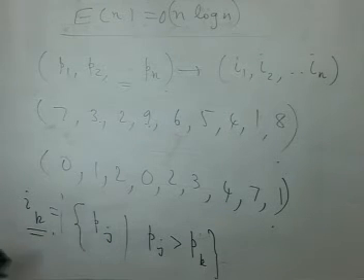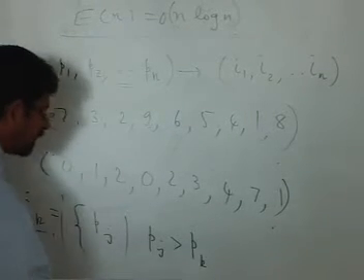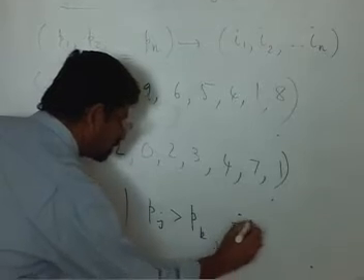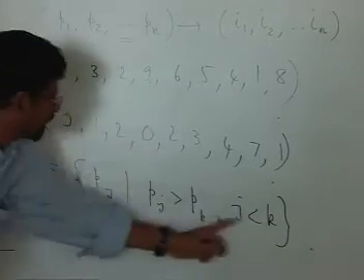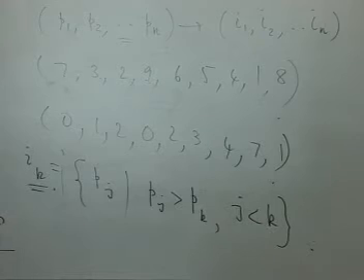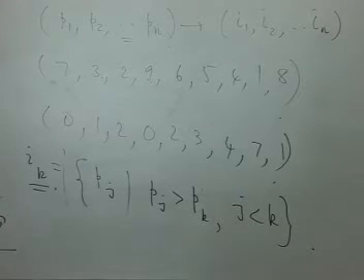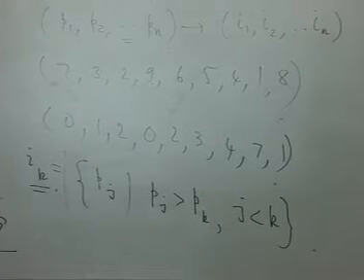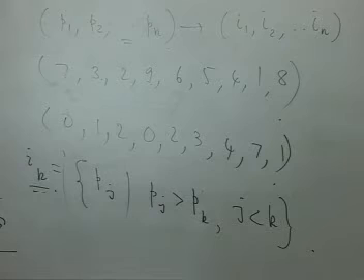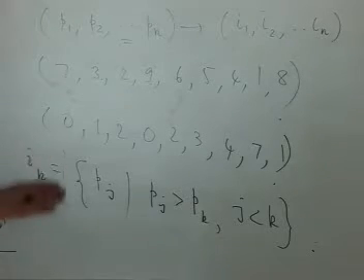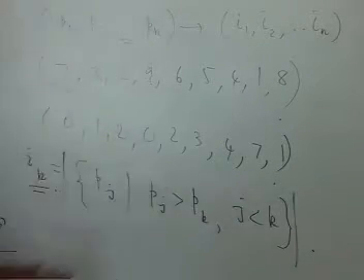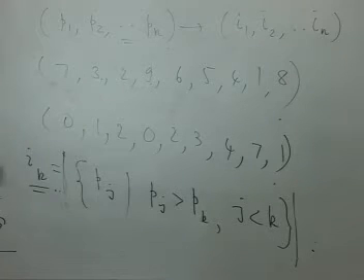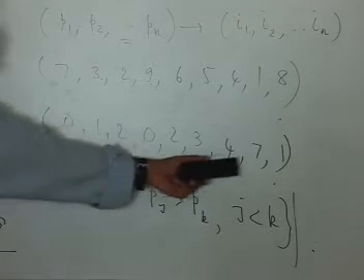You should also have Pj greater than Pk and j is less than k. j is less than k means Pj is to the left of Pk, it is to the left and it is larger. So how many are to the left and which are larger? Find the cardinality. So cardinality is the number of items in the set, and that number defines Ik.